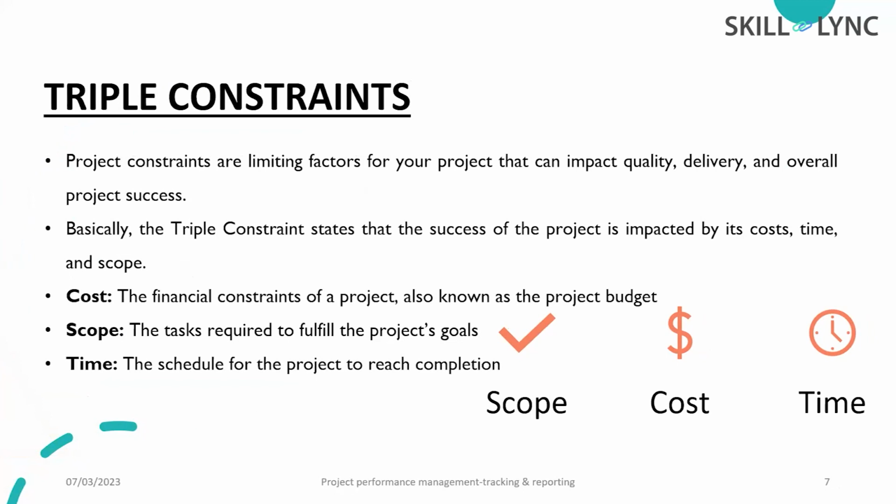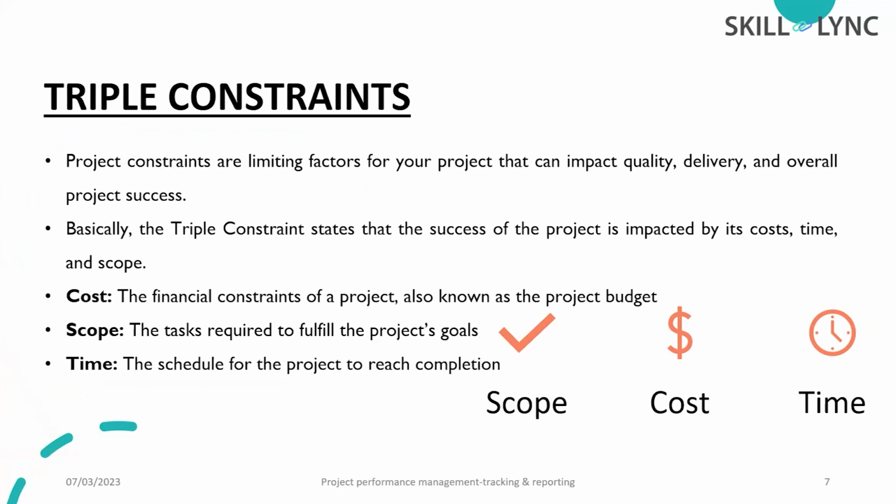Based upon the nature of the construction industry, these are mainly classified into three categories, or three different parameters. They are cost, scope, and time. As we know, it is very important to measure the performance of a project. So what are the parameters that we have to consider?